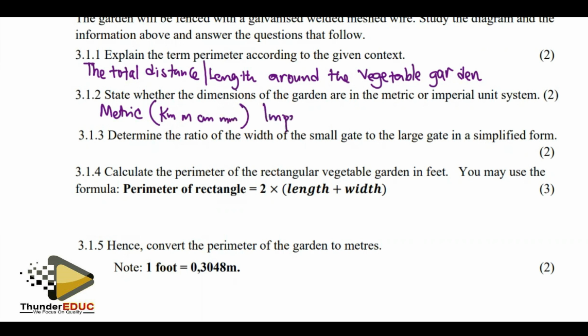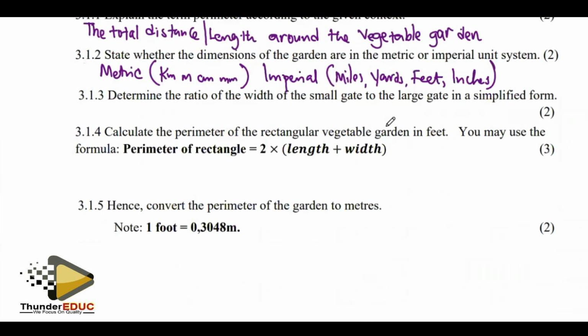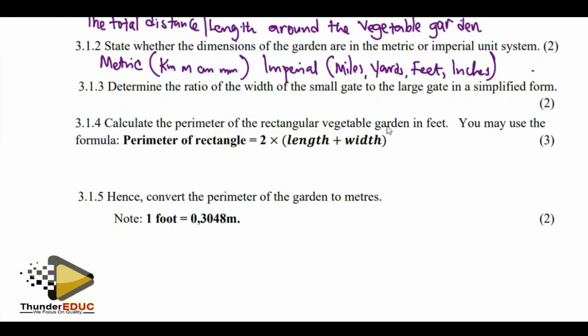Imperial, we look at miles, yards, feet, inches. So we go and check the dimensions of the garden. They are in feet. So your answer is what? The measurements here are imperial.